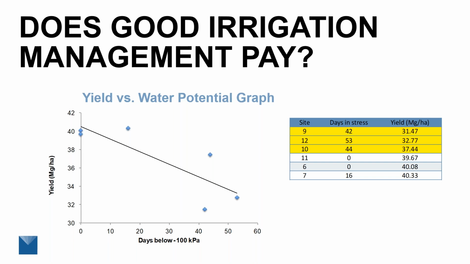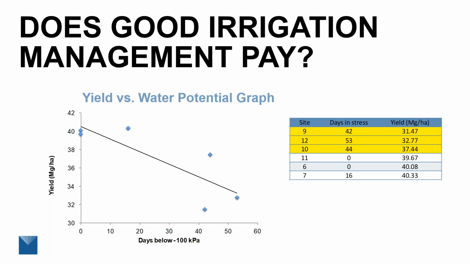But since we had yield maps in this field where the potatoes were being grown, we were able to determine the yield in these areas where we were monitoring water potential. And we collected data at 6 sites for potato yield, and for those 6 sites where we had water potential measurements.